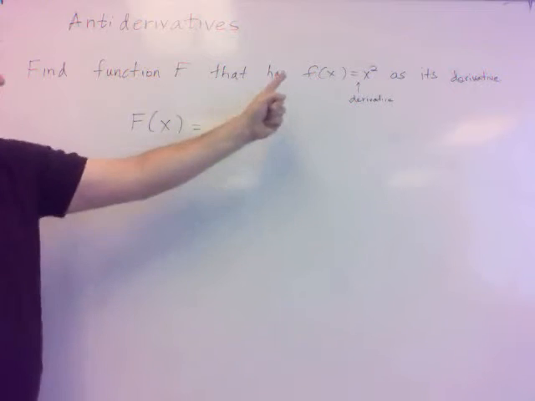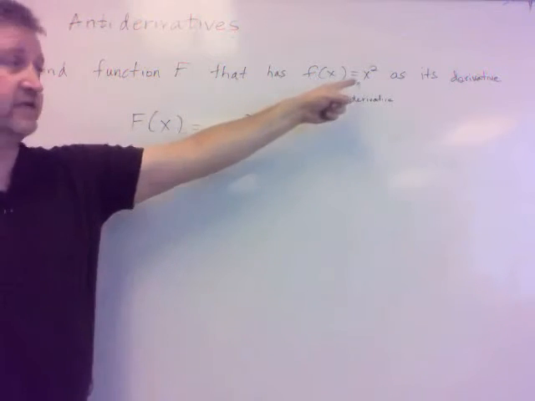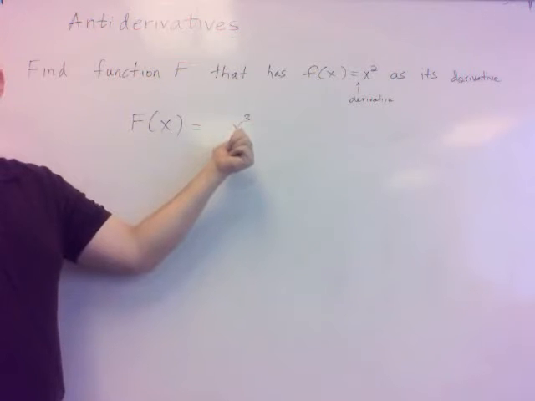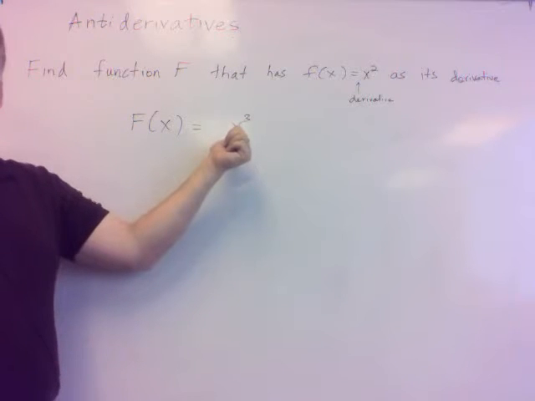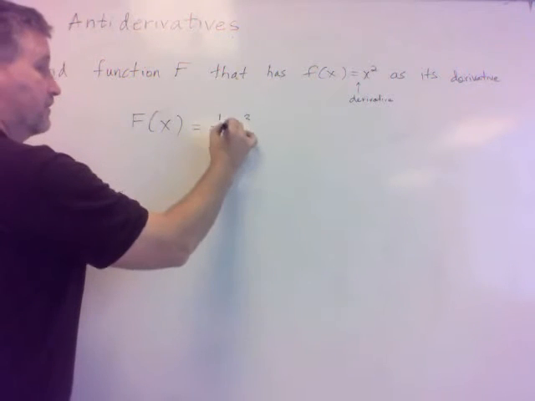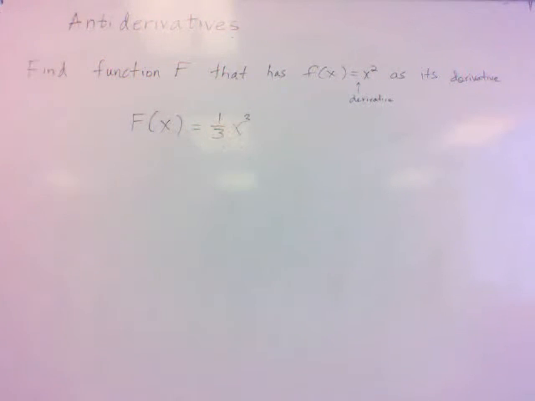Well, if it was just x cubed, I wouldn't get x squared. If I had x cubed, the derivative would be 3x squared. So I somehow need to compensate for that, and the way I do that is multiply. Here I'm going to multiply by 1/3. Take 1/3 times x cubed.